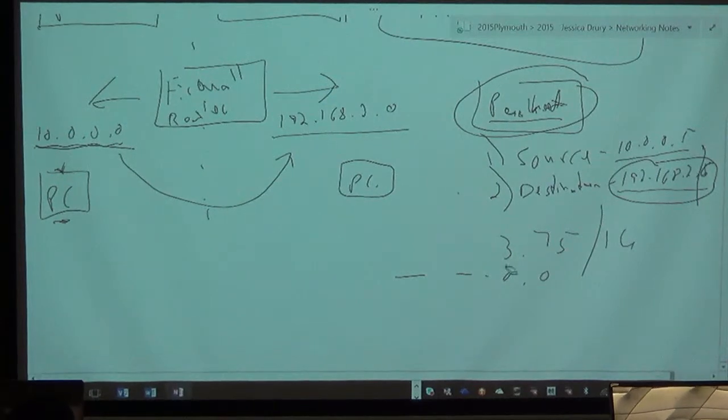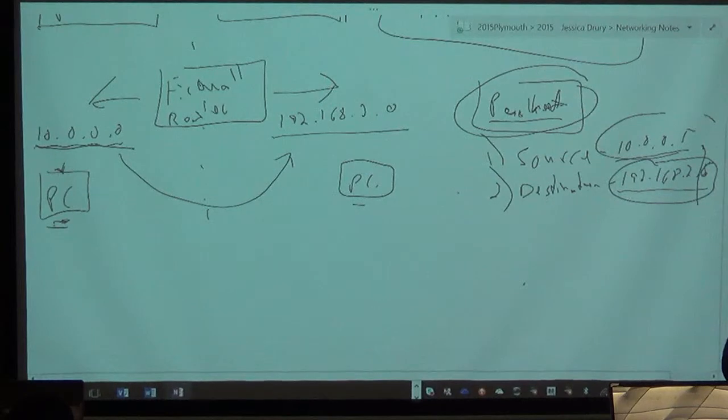Okay, back to my earlier point, everybody pay attention. When this PC wants to send a packet to this PC, it first looks at its own IP address, finds out the network address.